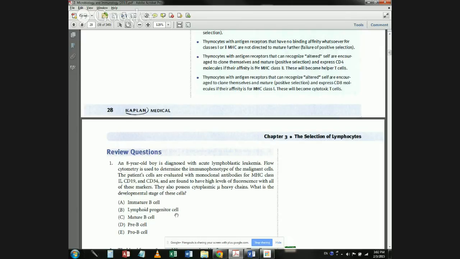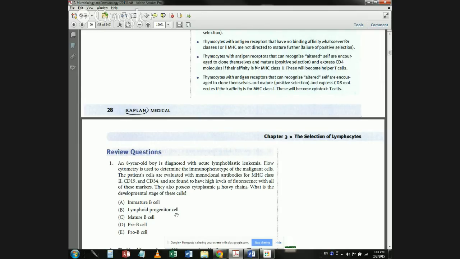Yep, that sounds right. All right, so let's see. On this kid, flow cytometry is used to determine the immune phenotype of the malignant cells. The patient cells are evaluated with monoclonal antibodies.